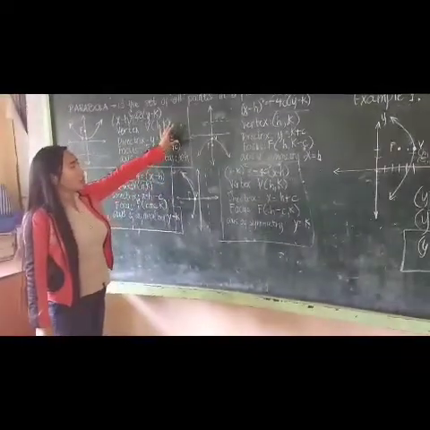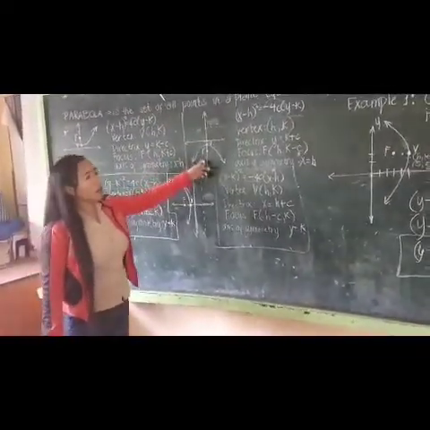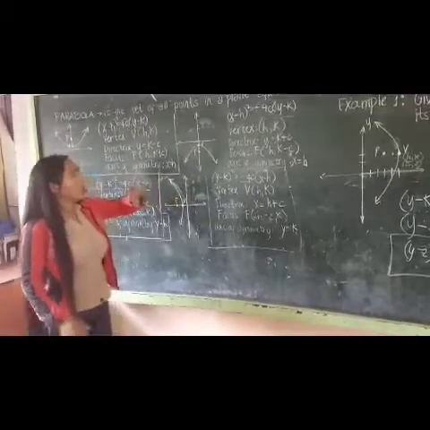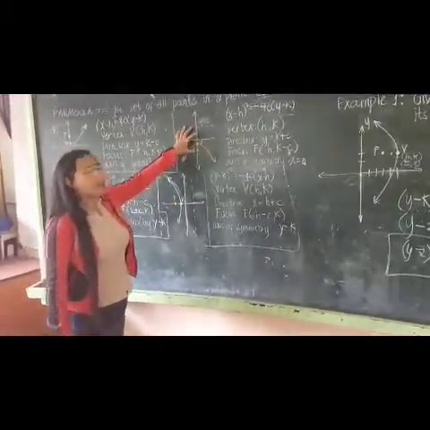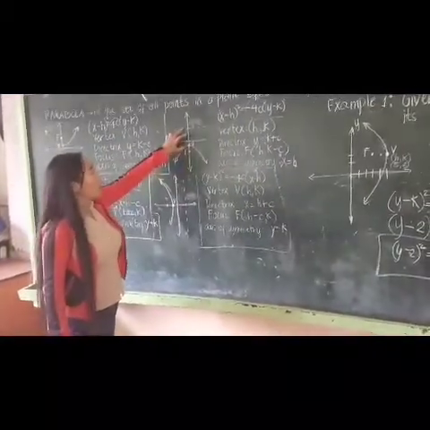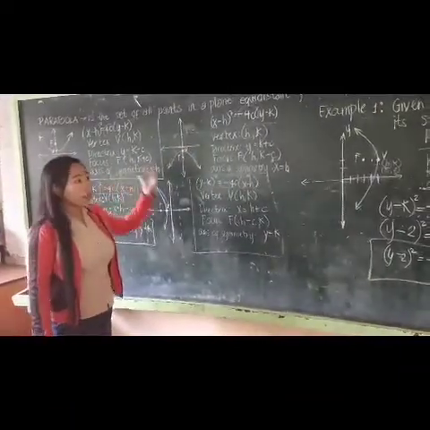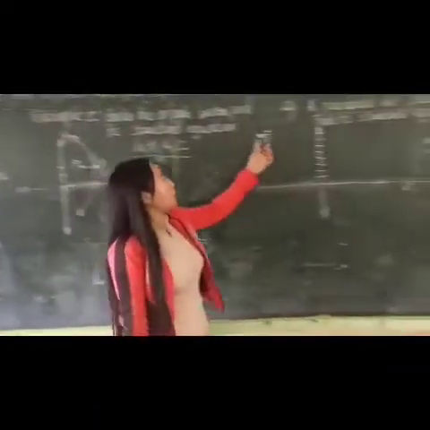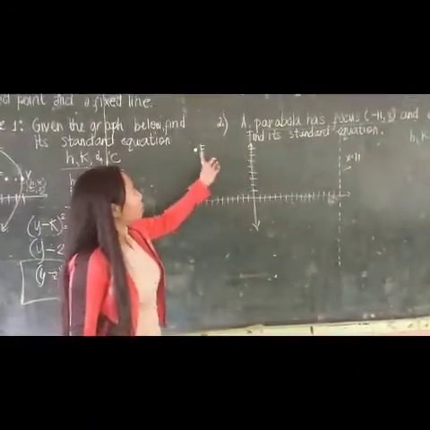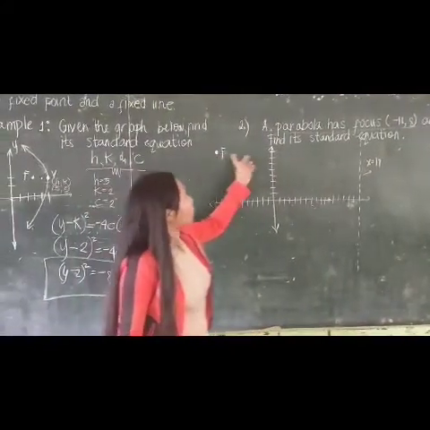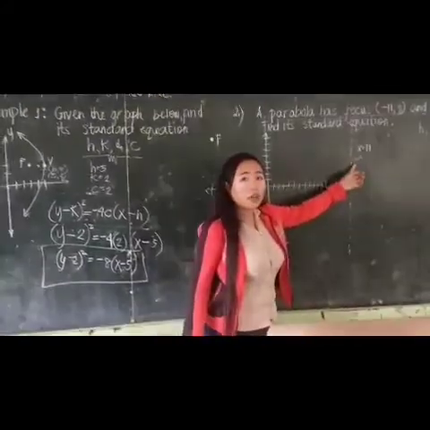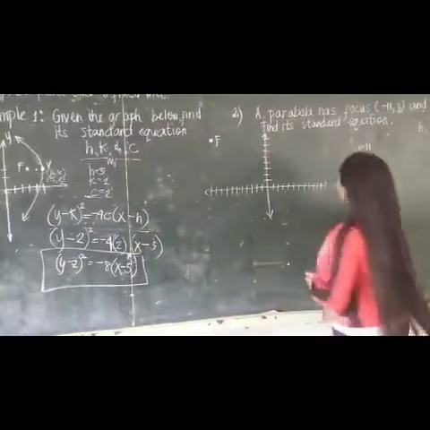Balik tayo dito: when we talk about the focus and the directrix, the midpoint between them is the vertex. So we need to find the midpoint of the focus and the directrix.